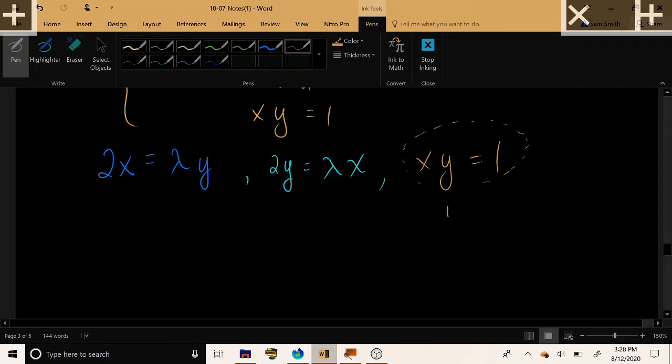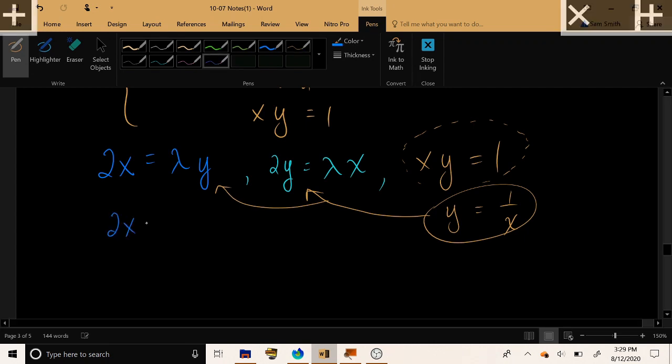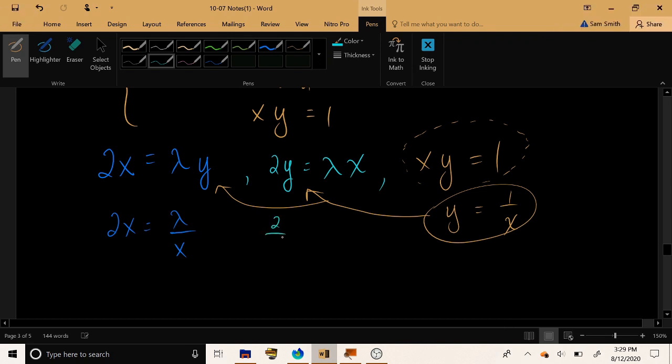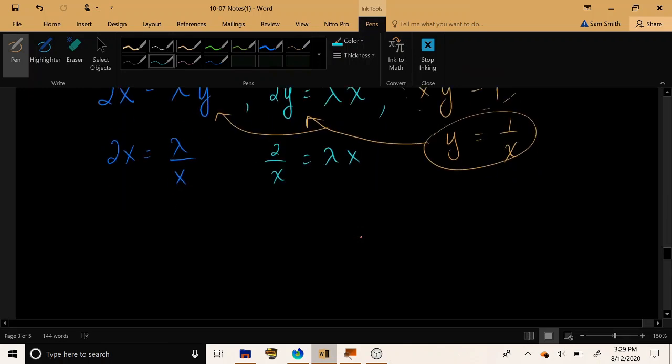So that means that I can, for example, isolate y equals 1 over x, and I can use that and substitute that into the other two equations, and I will get 2x equals lambda times 1 over x from the first equation, and I will get 2 times 1 over x equals lambda times x from the second equation.